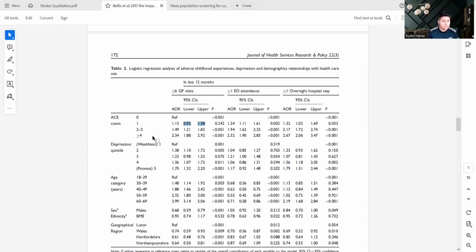Now, if you look at the next one down, this one here, we've got the same kind of thing. The distribution around one. What's my lower bound? 1.21. What's my upper bound? 1.83. What's the number? 1.49. That's not right.